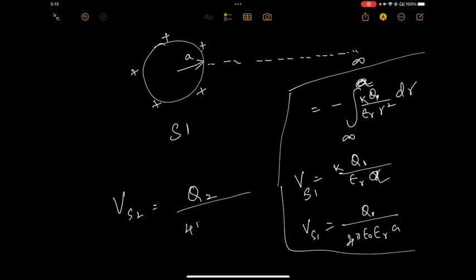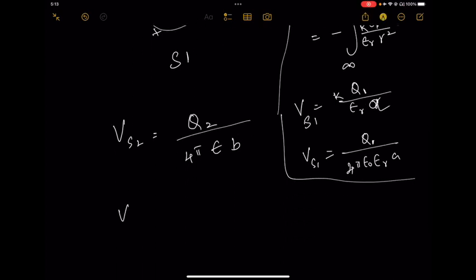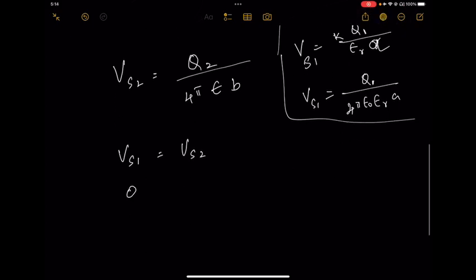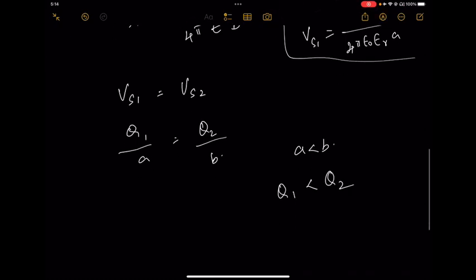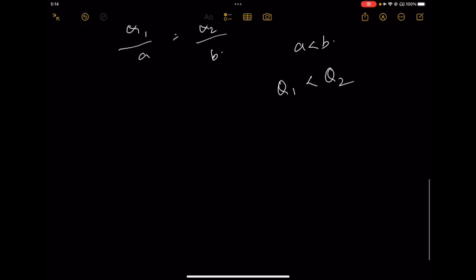So since these two are same, Vs1 equal to Vs2, it will be Q1 by A equal to Q2 by B. We know that A is lesser than B, so obviously Q1 will be lesser than Q2. This is the first observation we have got, and the next will be what will happen to the electric fields.